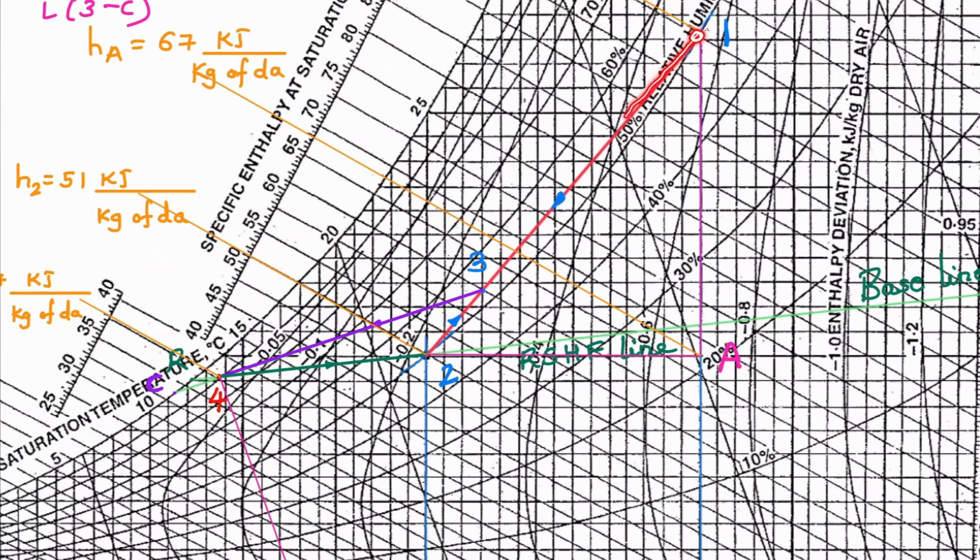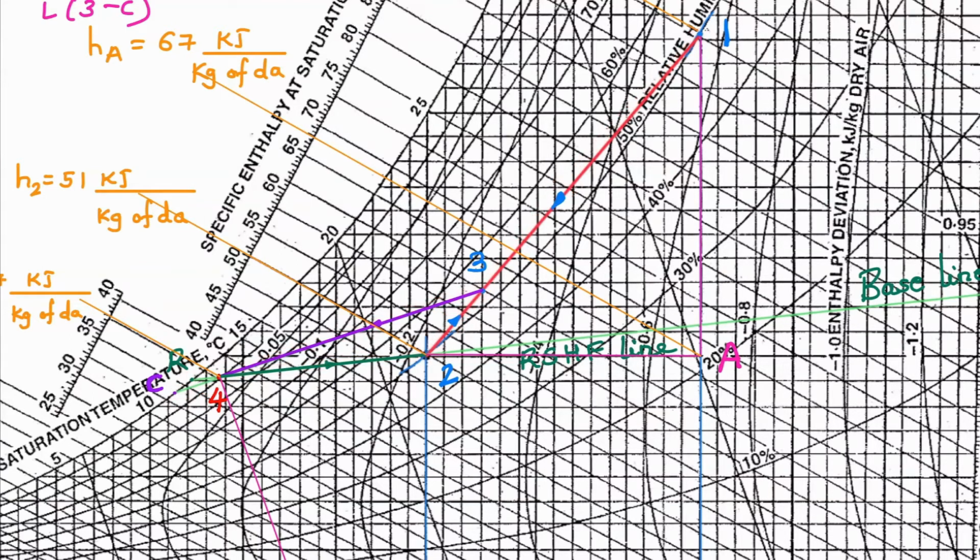Outside air 1 mixes with recirculated air to give point 3. Then 3 to C, we have the cooling coil, and due to the bypass factor you can see point 4 has not reached point C. Then 2 to R, we have the RSHF line, and the intersection of 2R and 3C will give point 4.